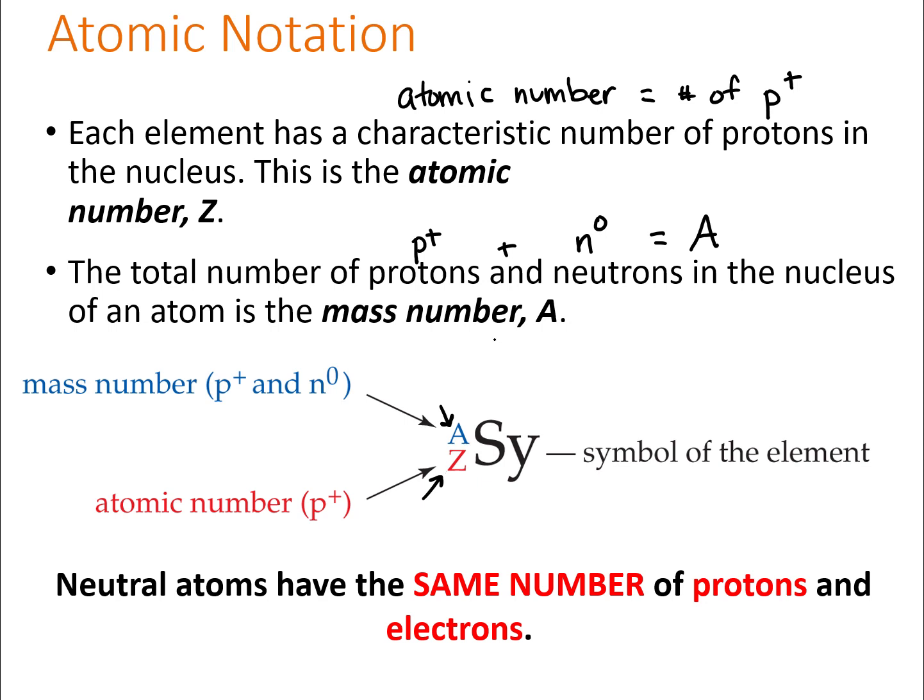To go along with our carbon example, carbon has 6 protons and 6 neutrons. If I wanted to write that using atomic notation, what am I putting for the mass number?